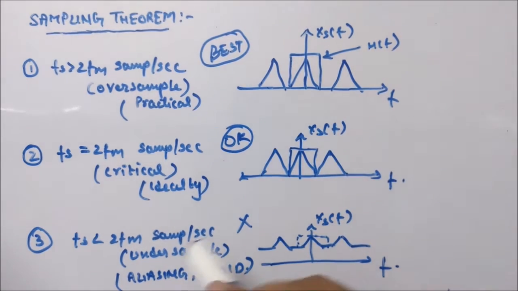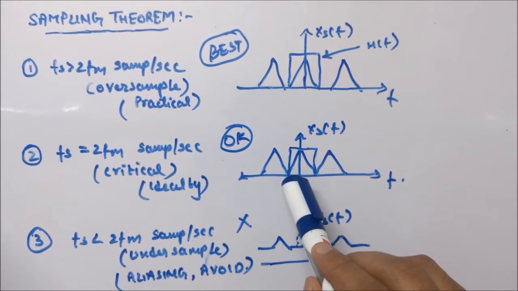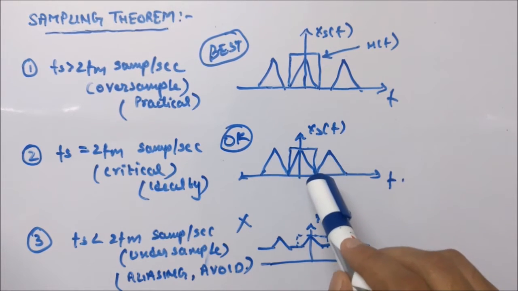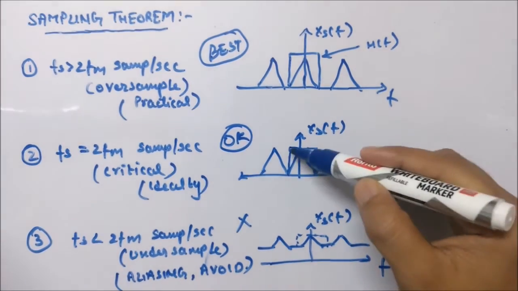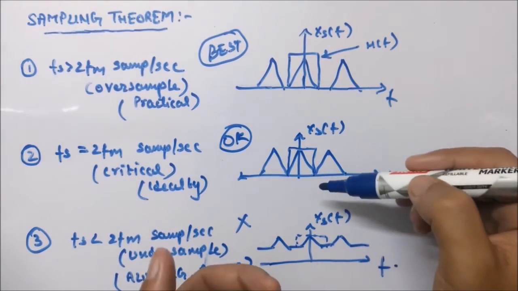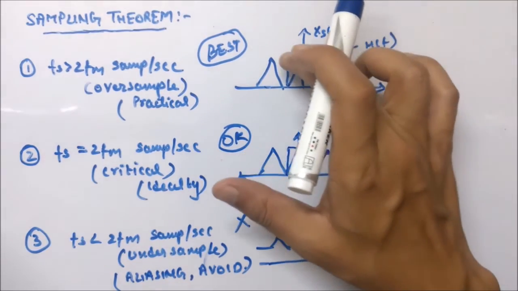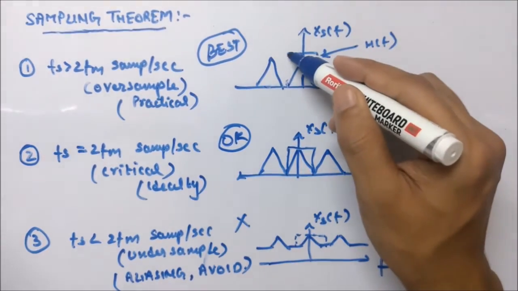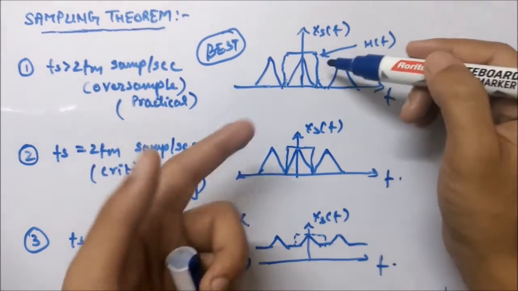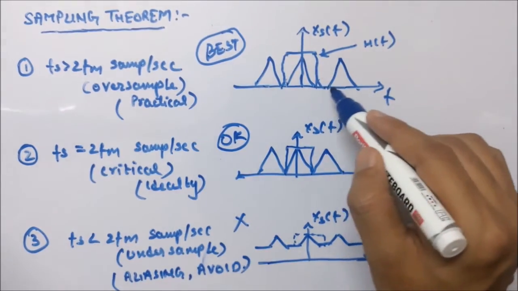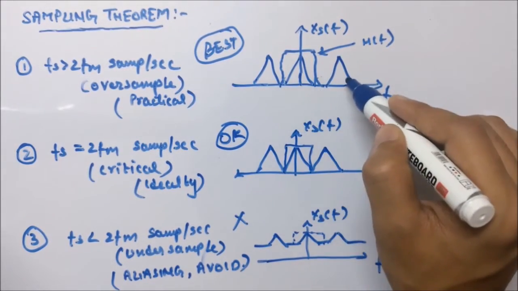But the problem is we are calling it ideal because the filter we need here is a sharp filter, meaning the edges should be really sharp, which is not practically available. But in the oversampling case you can go lenient and your filter can be like this as well. It does not have to be sharp because there is a gap between the original message signal and the replicas.